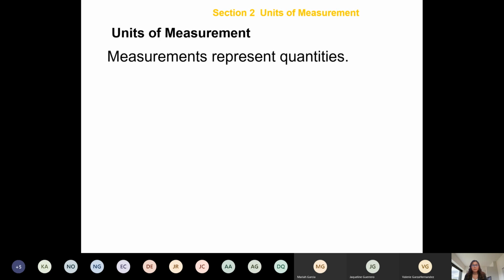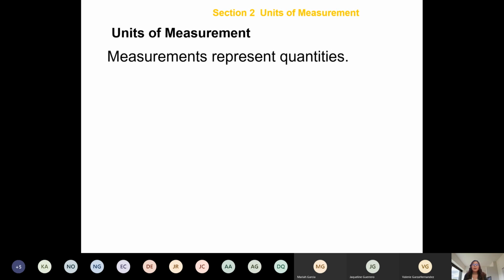What units? Minutes, hours. Correct. Minutes, hours, seconds, days, weeks, years, right? All of those are measurements of the quantity of time. So time is a quantity, seconds, hours, days, all of those are measurements of that quantity. So that's what that means.